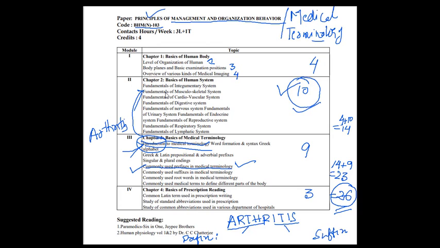So the prefix is ARTHRO. Fine. And itis is the suffix. I am not going into the details of the suffix. So I am leaving this portion as of now and I am focusing on the prefix part because that is the topic that I have chosen.